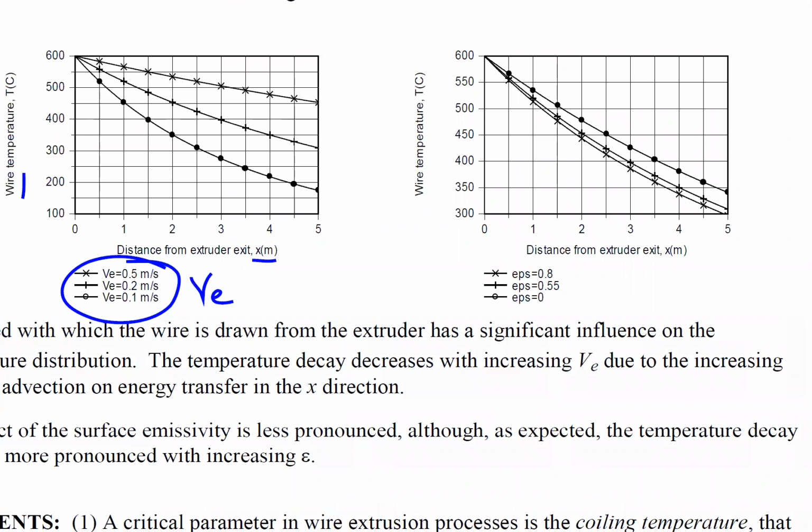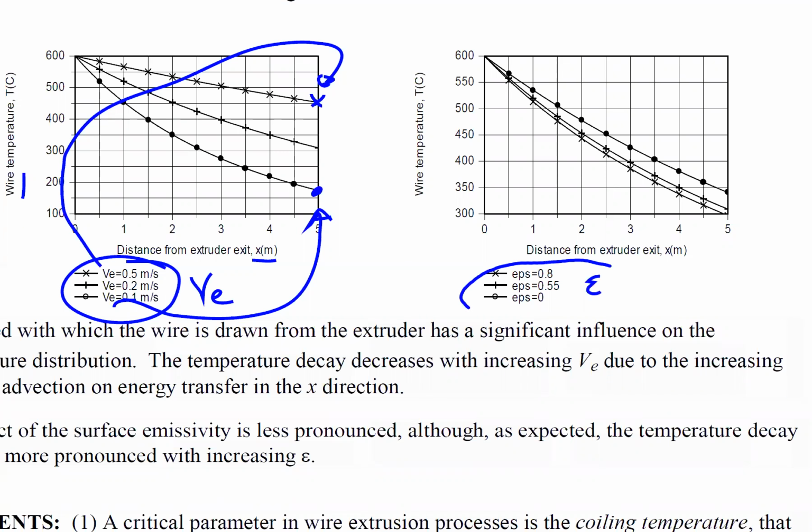We see right here, with the slowest velocity we get the coolest temperature, and with the highest velocity we get the hottest temperature. Then here they're changing emissivity. Here's 0, and here's with 0.8. We get a little bit of change, but not as much as velocity, starting off at 600 when it exits the extruder.